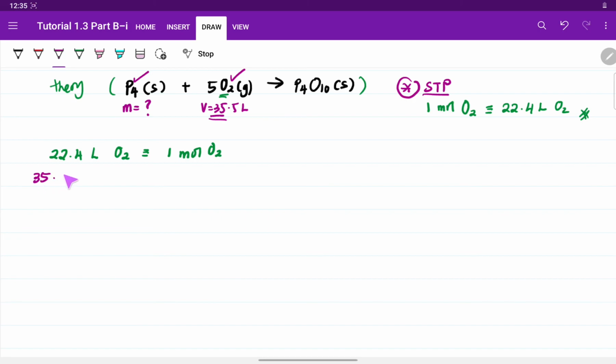So, if we have 35.5 liter of oxygen, how many moles actually do we have? Awak buatlah calculation awak. 35.5 darab 1 bahagi 22.4. So, the number of mole of oxygen that we actually have is 1.5848 mole of oxygen.